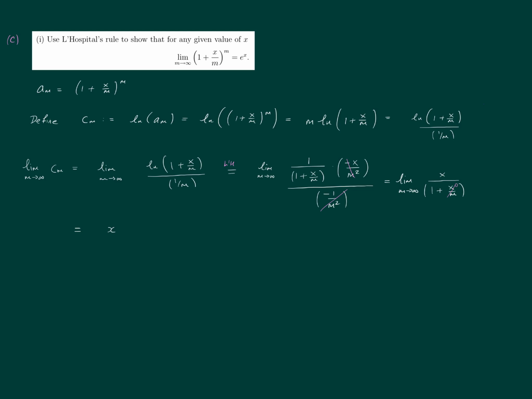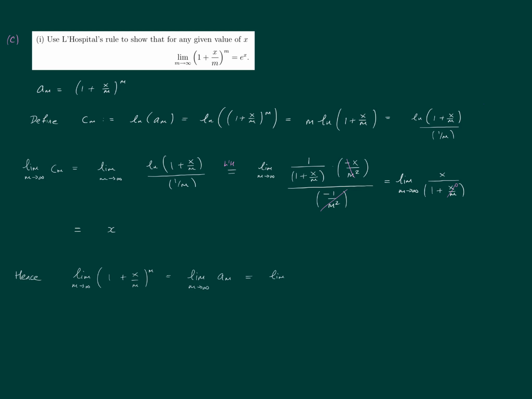Now, how can I use this to establish the equality I was asked for? Well, hence, the limit as m goes to infinity, now I'm going to limit a_m. So (1 + x/m)^m is equal to the limit as m goes to infinity of what I called a_m.